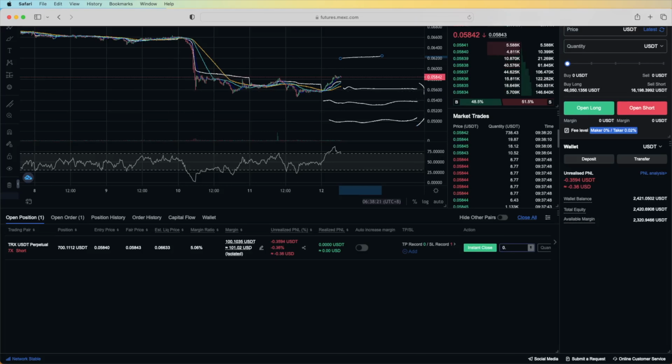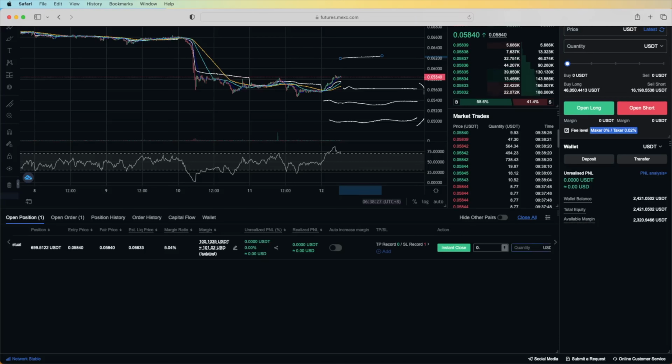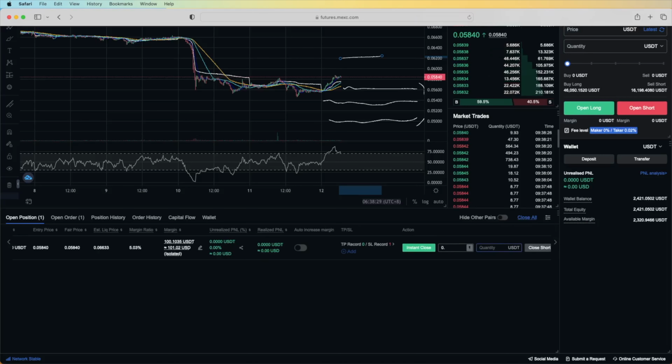50, for example. I have a value of the 700 out here. When the price reaches, for example, 0.56, I'm gonna close my 150 value.